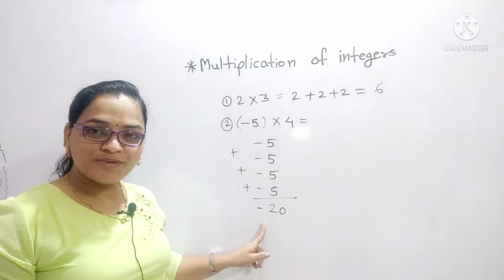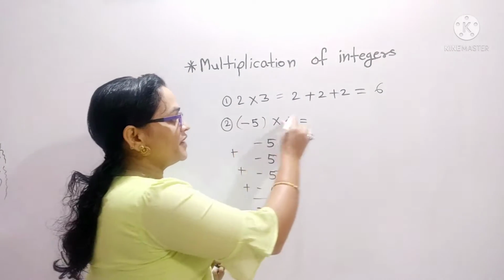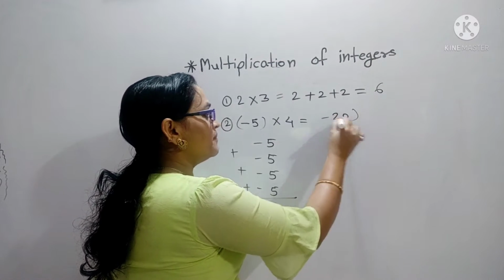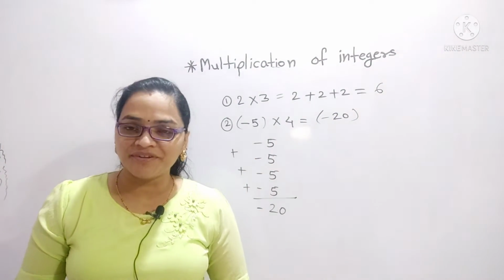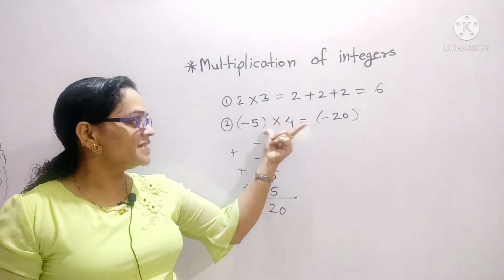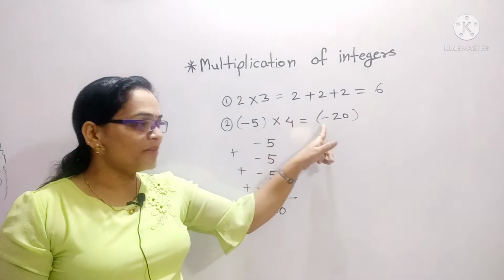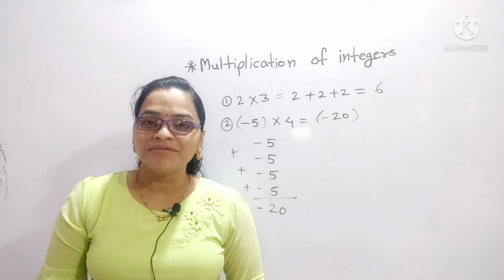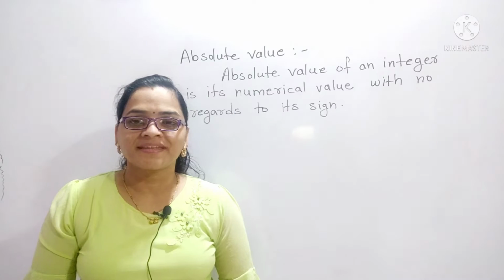Minus sign is here, so minus sign. Means -5 into 4 is equal to 5 4s are 20, minus 20, because repeated addition is not possible each and every time. So we are doing this: 5 4s are 20 and minus sign as it is. How does the minus sign come here? That one we will discuss in rules for multiplication of integers.